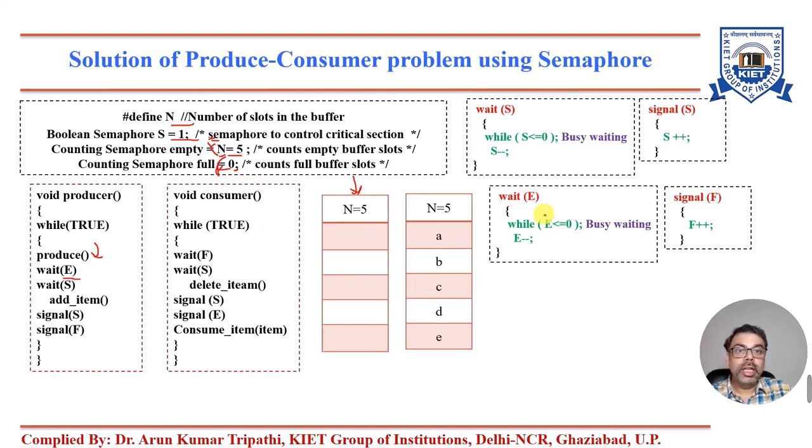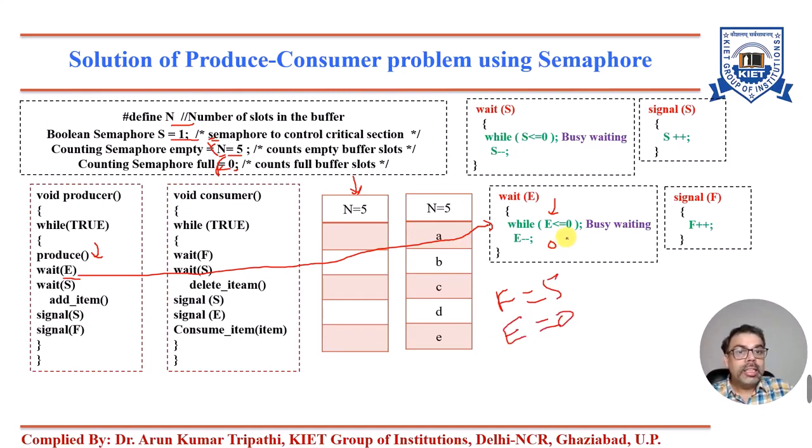So it will check E, and E has the value 0 since all slots are full. So at that time F, full, will have the value 5, and E will have the value 0.